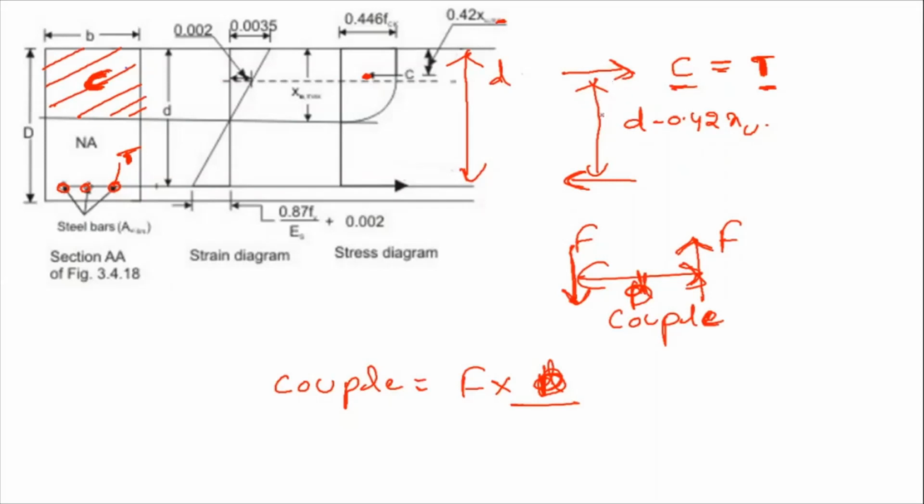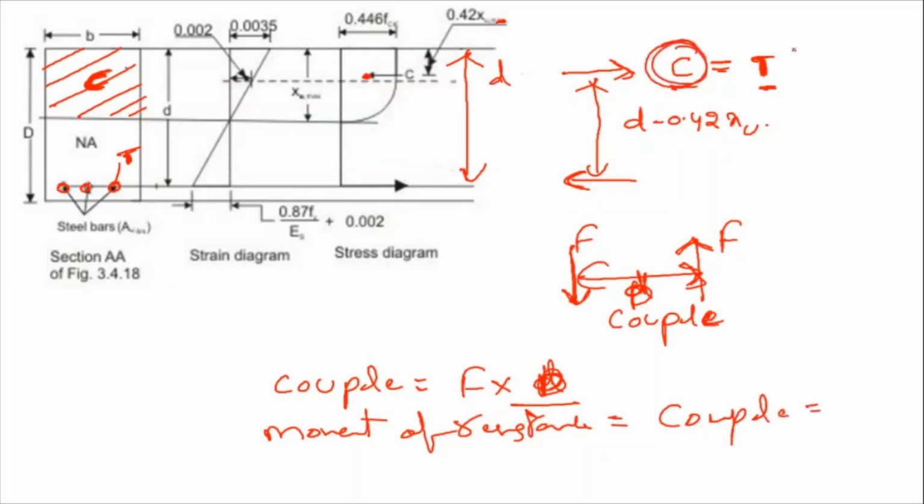Because of this couple, the beam will develop resistance against the bending. So the moment of resistance is equal to the couple, and that couple equals force, either compressive force or tensile force, into lever arm. Lever arm means nothing but the distance between the centroid of compression force and centroid of the tensile force, or else the distance between the two forces.